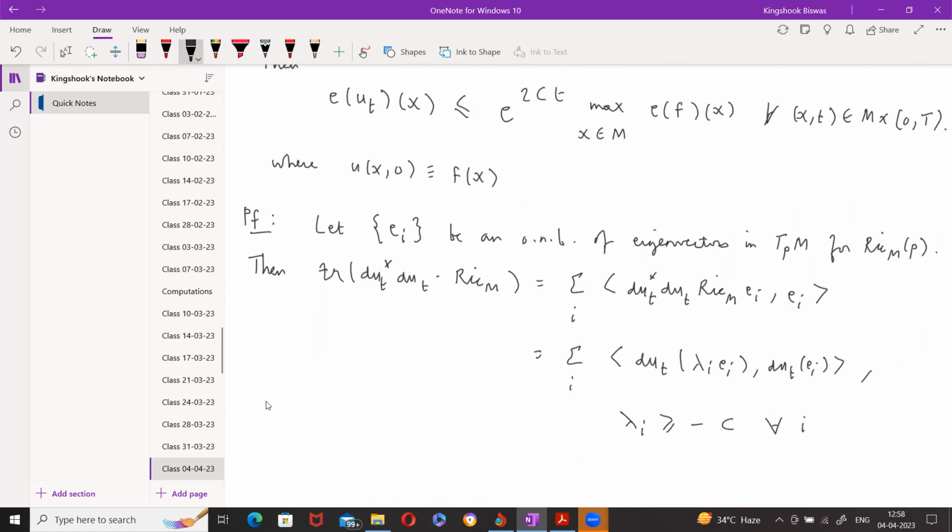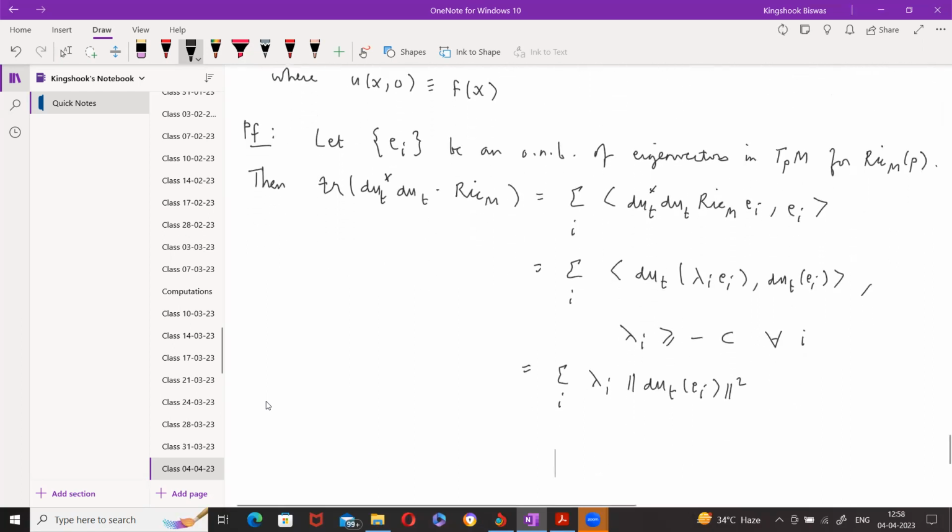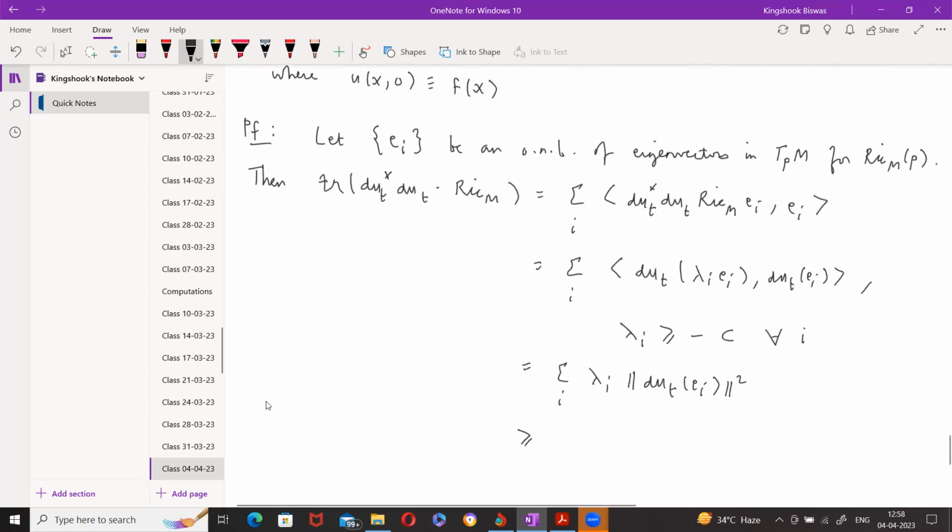So this becomes then the summation of lambda_i norm du_t e_i squared. So this is bigger than minus C sum over i norm du_t e_i squared.